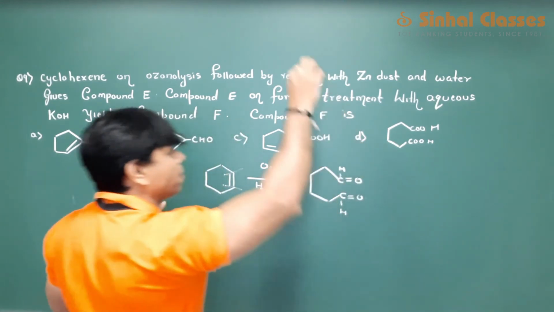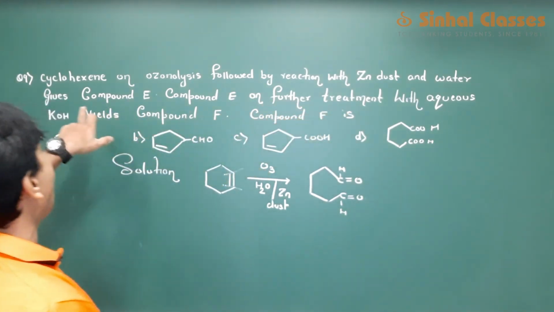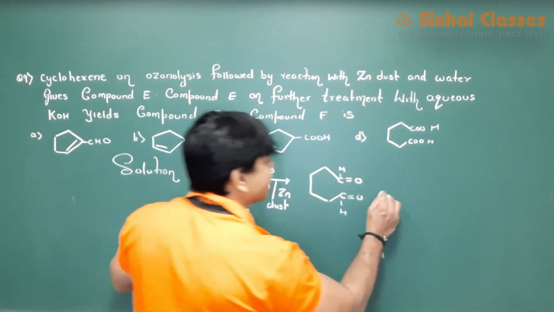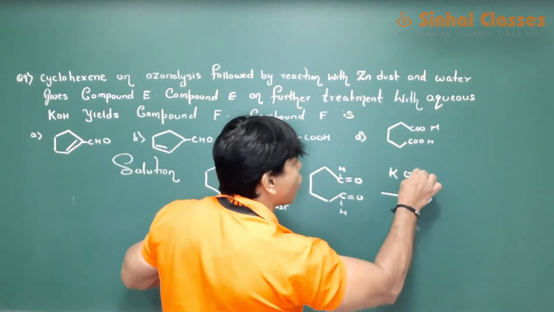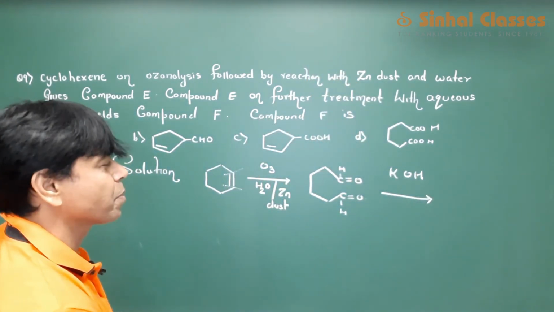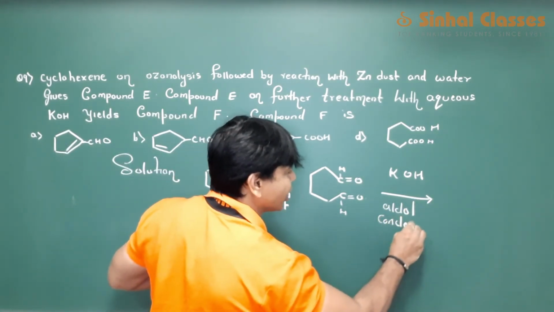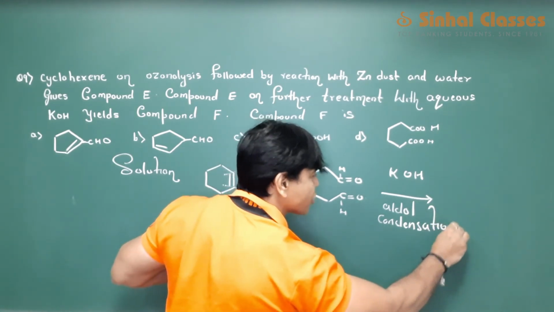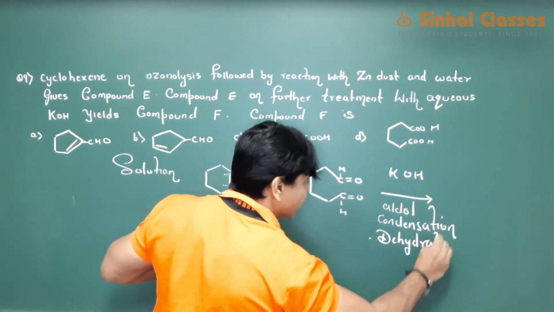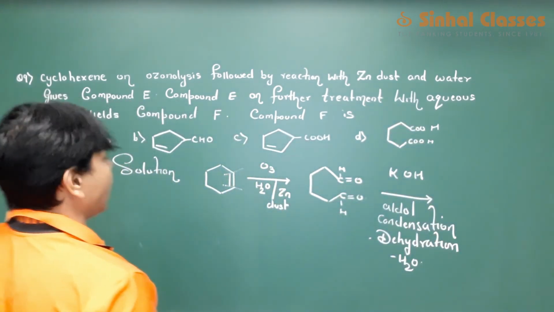We get the aldehyde part. Then compound E on further treatment with aqueous KOH. That means it's a strong base, where aldol condensation will take place, and further dehydration, removal of water, will give you the final product.